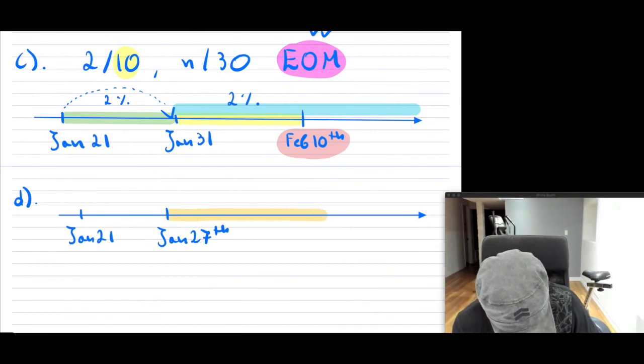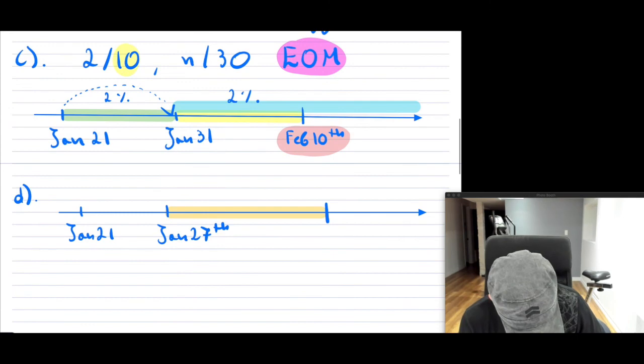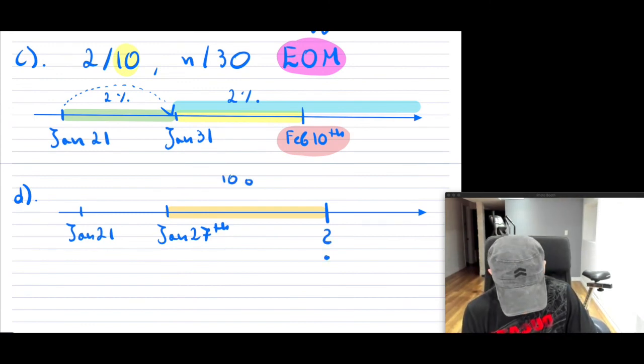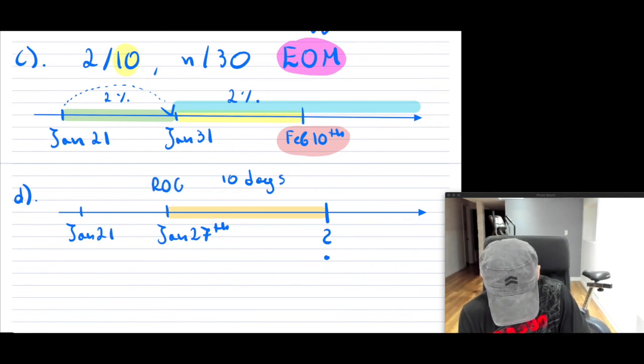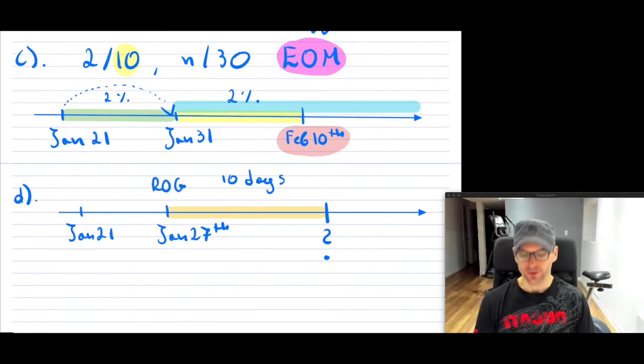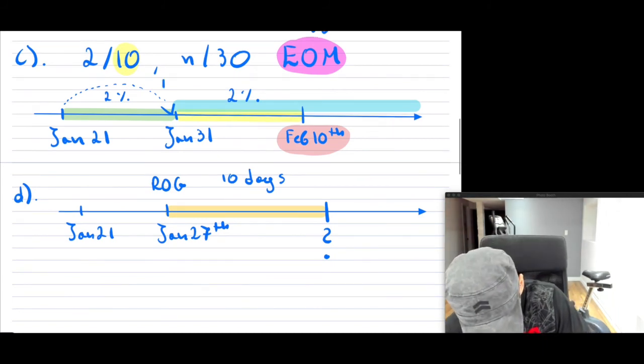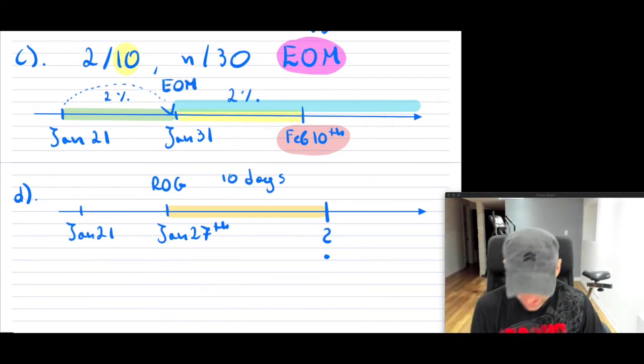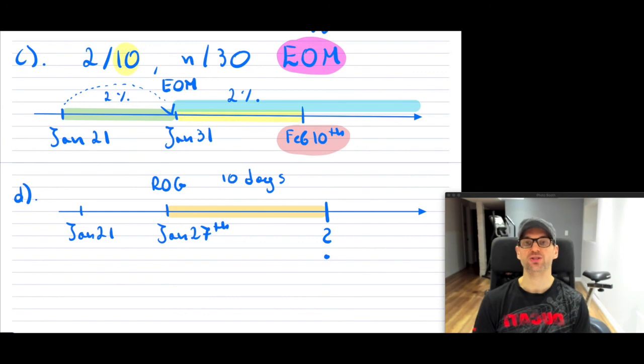We need to count 10 days from there to see when is the last day to take advantage. So this 10 days starts from the time that you receive the goods. All right, in the previous one, we started from the end of the month. Here we start when we receive the goods.